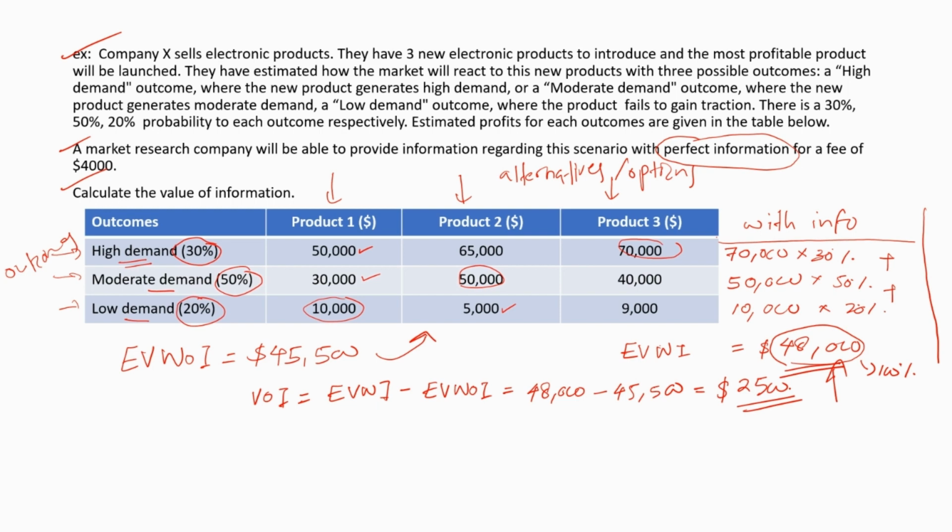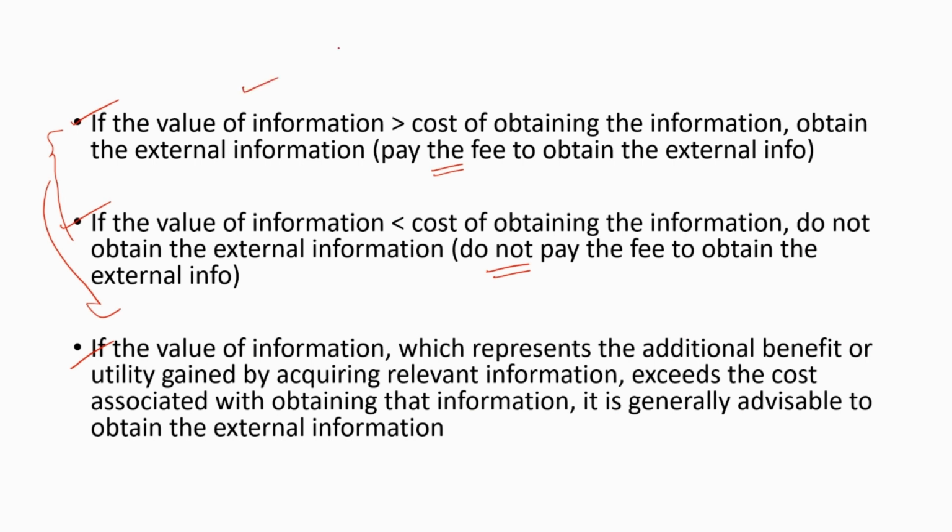What this figure simply means is if the business decides to go ahead with the market research company, they can increase the expected value of their decision by $2,500. Now let's compare and see whether this benefit exceeds the cost of obtaining the information from the market research company. To do that, we need the value of information figure and the cost of obtaining the information figure.